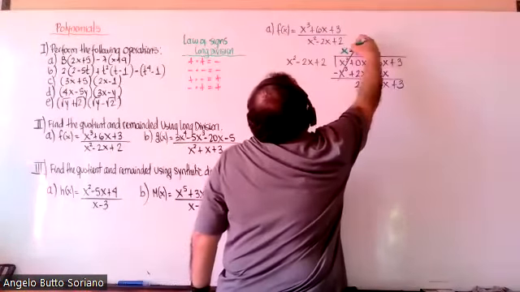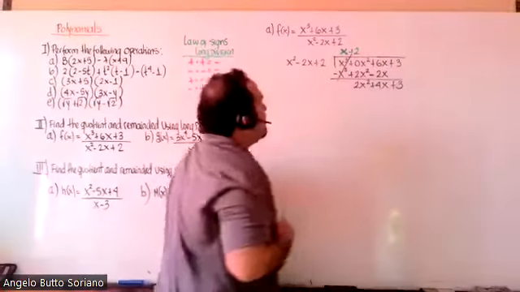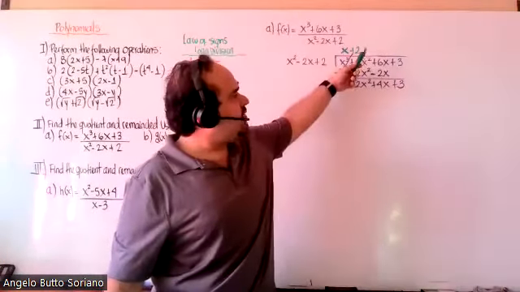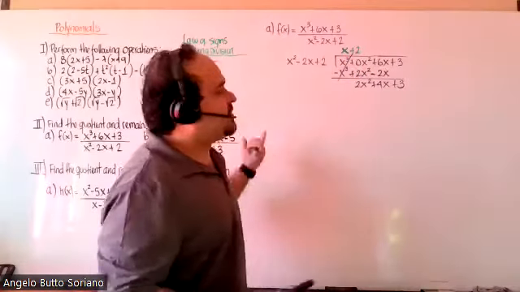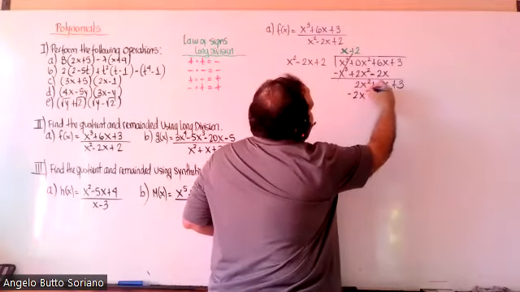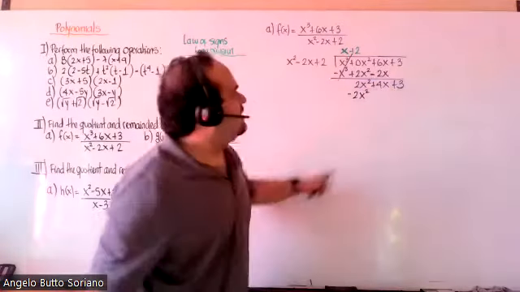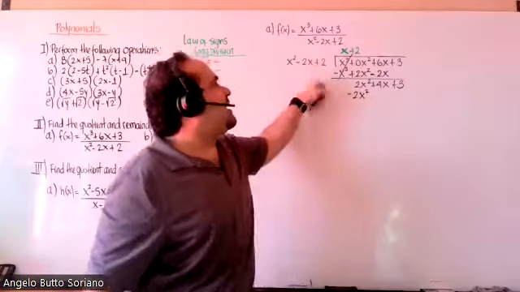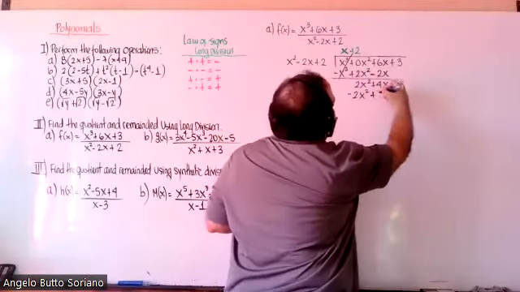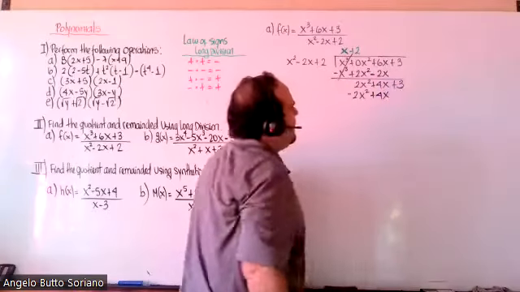So this positive 2 must be multiplied by the entire trinomial. Remember, positive times positive is positive. Over here will be negative. Negative what? 2x squared. Positive times negative is negative, but this is going to be positive. Positive what? 2 times 2 will be 4x.